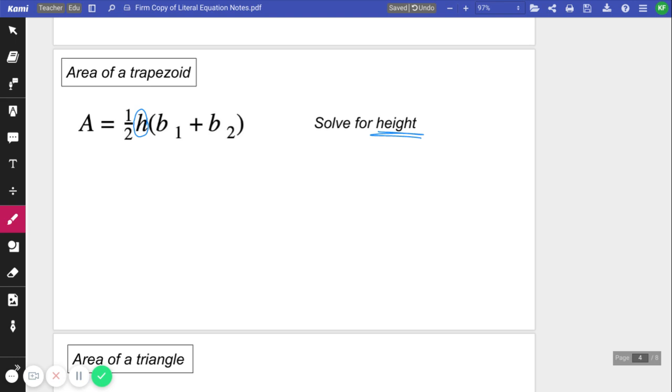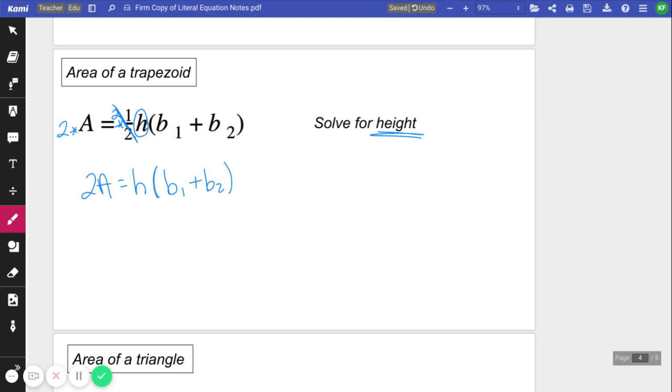For these, that will probably complicate this way more than we need to if we decided to distribute. So instead, we're going to do just like we did on the last one. We're going to cancel out our fraction first by multiplying both sides by 2 this time. So 1/2 times 2 would cancel. That's 1. And then I have 2a equals h, parentheses, b1 plus b2.